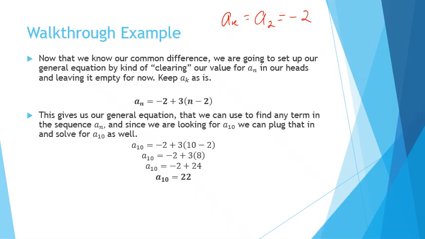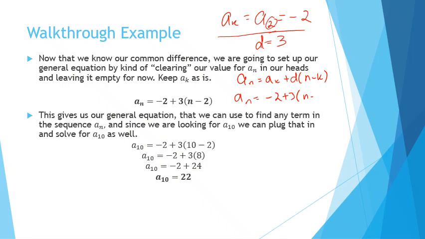Remember, we started with a of n equals a of k plus d times n minus k. We plug in -2 for a of k, and now we know our d is positive 3. So a of n equals -2 plus 3 times n minus 2. And that's our general equation.